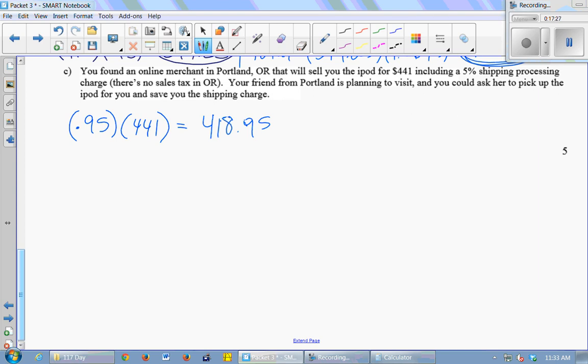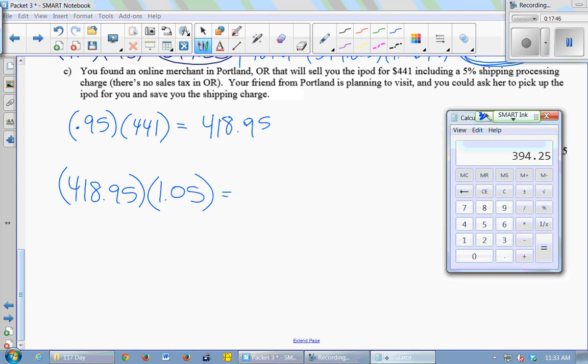Okay, so let's check our work. If you increase 418.95 by 5%, does it get you back to 441? If I want to increase it by 5%, what do I multiply by? 1.05. Let's see what that gives me. 418.95 times 1.05 is not 441, right?